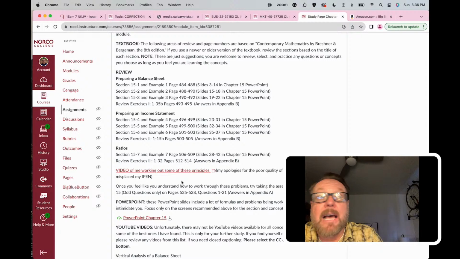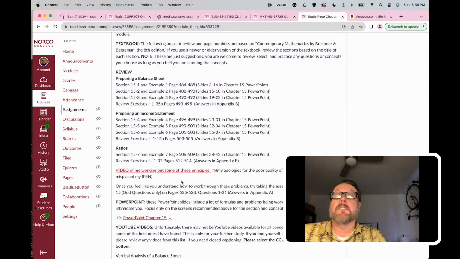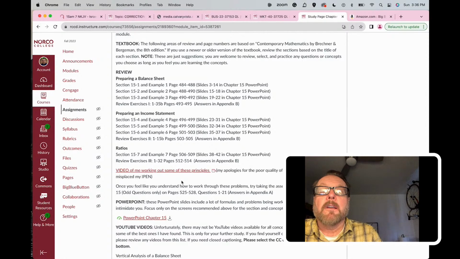So it might be debt to asset ratio, it might be debt to equity ratio, things like that. So those are important factors to figure out and to learn how to mathematically compute, because they're what people will look for when they're trying to determine, and what you should be looking for when you're trying to determine, the health of your business.